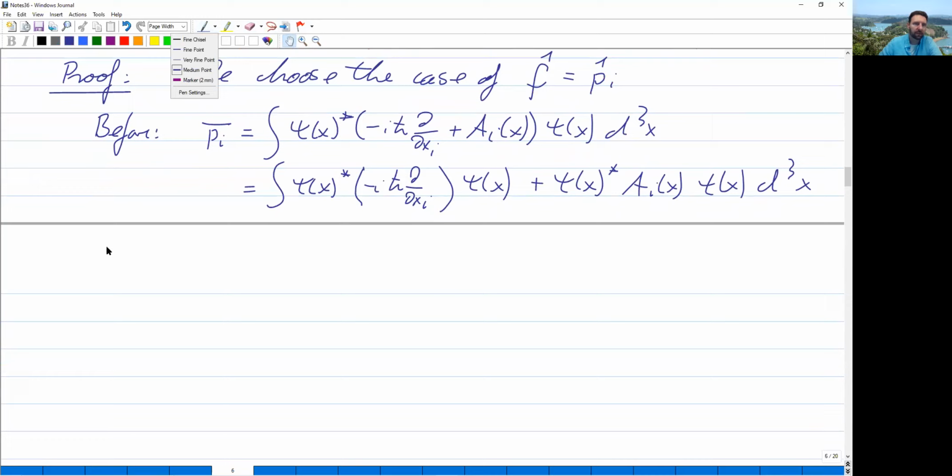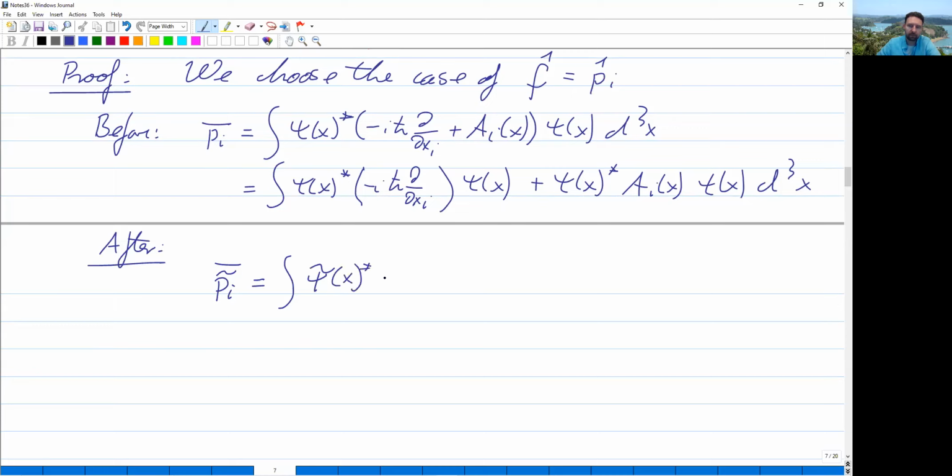Okay, so after the gauging, what do we have? Well, then we calculate pi tilde bar. So this is the gauge transformed momentum. Remember, the psi gets transformed, the A gets transformed, the P gets transformed. So what is this then? This is the integral of the transformed x star, and then we have the P tilde hat i, and we have psi tilde of x d3x.